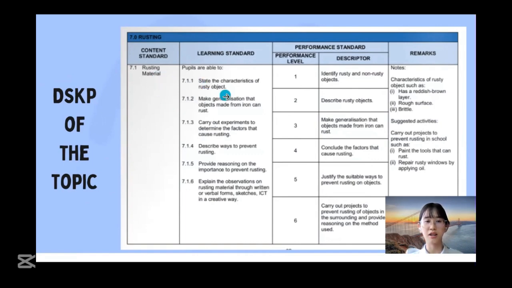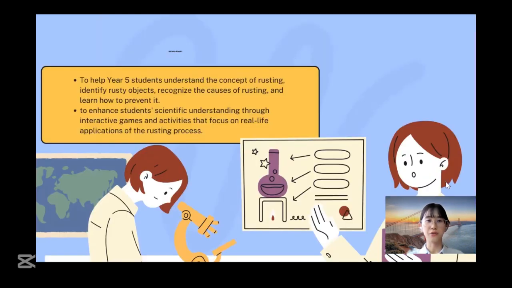Over here we can see there are a lot of learning standards, but in the project that I created, I just focus on these four. 7.1.1 state the characteristic of rusty objects, 7.1.2 make a generalization that objects made from iron can rust, 7.1.3 carry out an experiment to determine the factors that cause rusting, and the last one, describe the ways to prevent rusting.